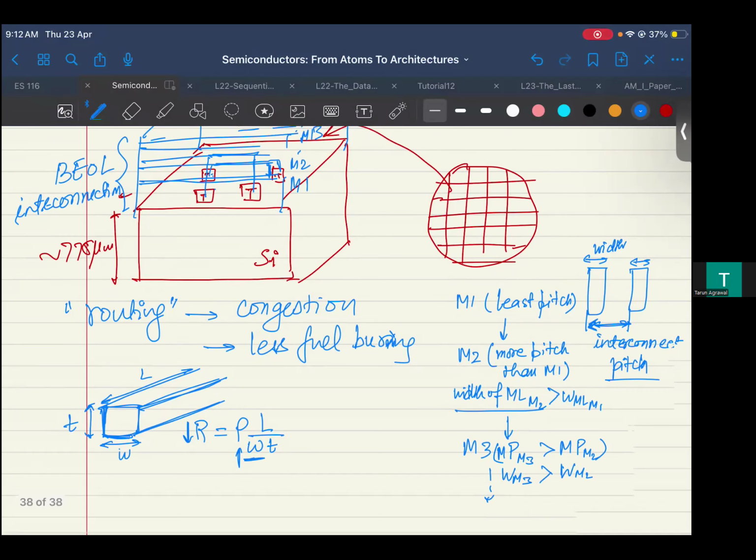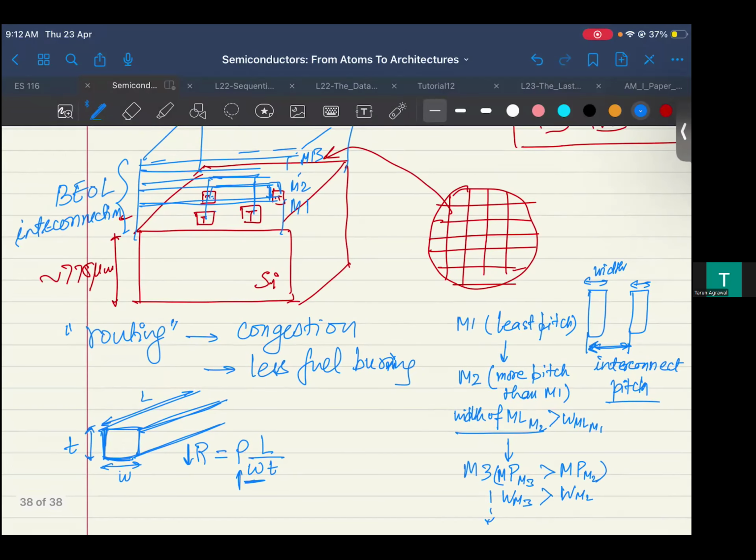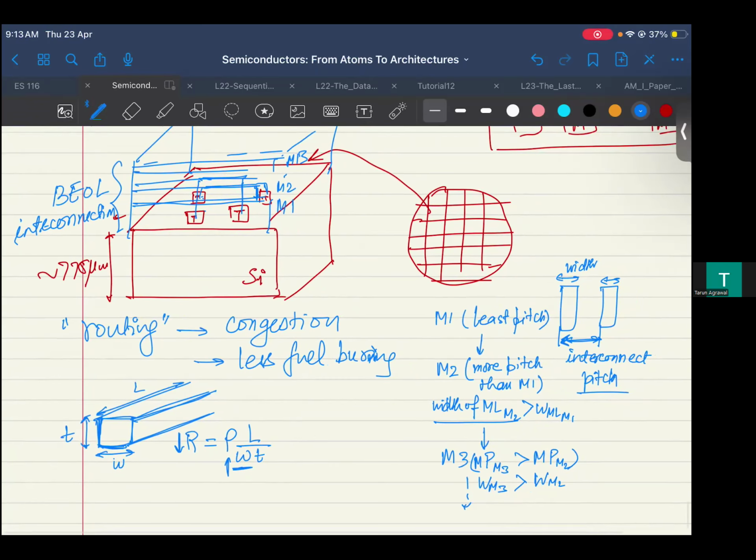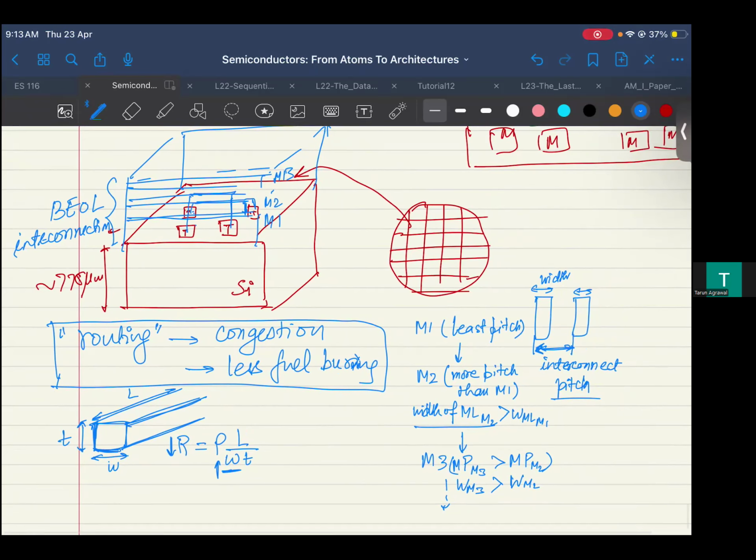If you are going longer, you don't have the same penalty you feel in M1, because you are now trying to go through the least resistance path, but the problem is still that you are going longer. Based on this optimization, the routing algorithm will find the most suitable path given the current circumstances in your design. So it changes from design to design. There is no fixed rule, and you have to check it for a given design.